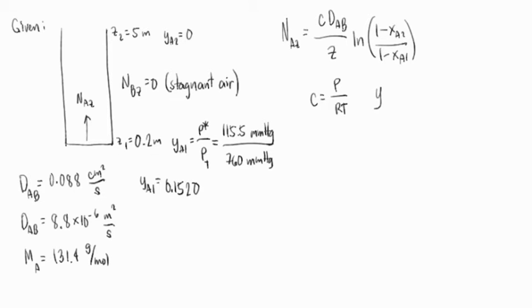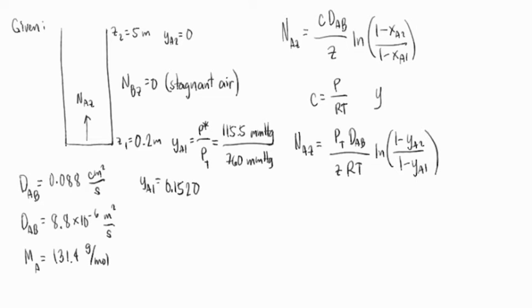This is to avoid confusion between X and Y. So our new equation accounting for our gaseous system is now NAz is equal to total pressure multiplied by DAB over Z times R times T multiplied by ln of (1 minus YA2) over (1 minus YA1).